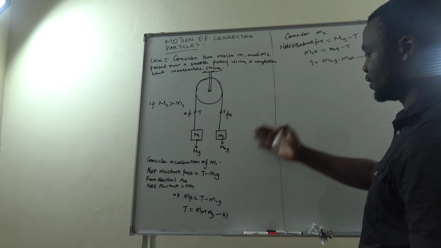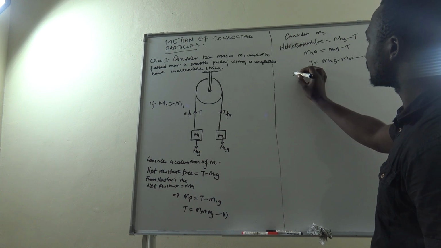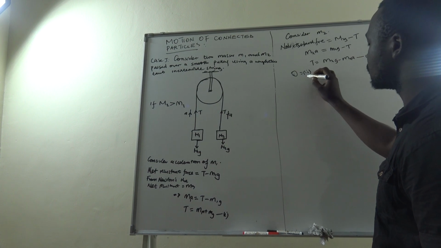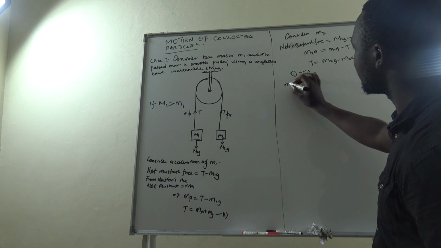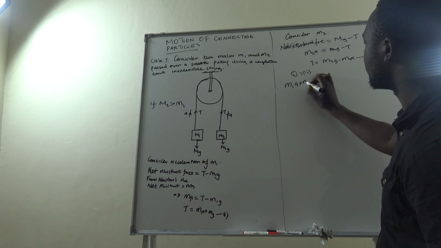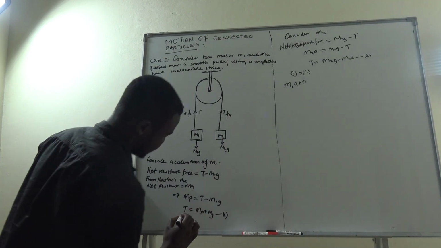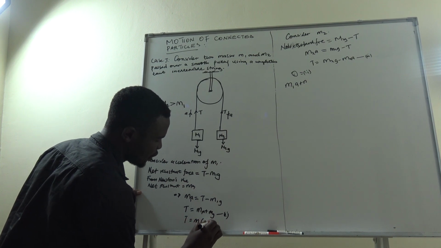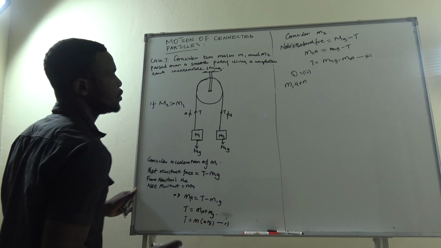Now, this is tension. Therefore, equating, we can say equation 1 is equal to equation 2. For example, here we could as well say that T is equal to M1 into A plus G. This is what we call equation 1.